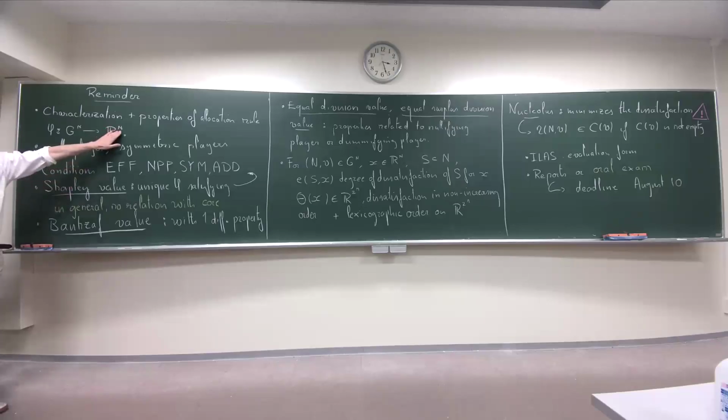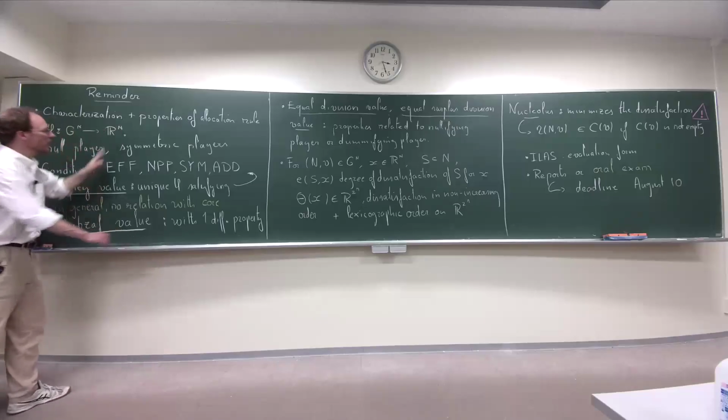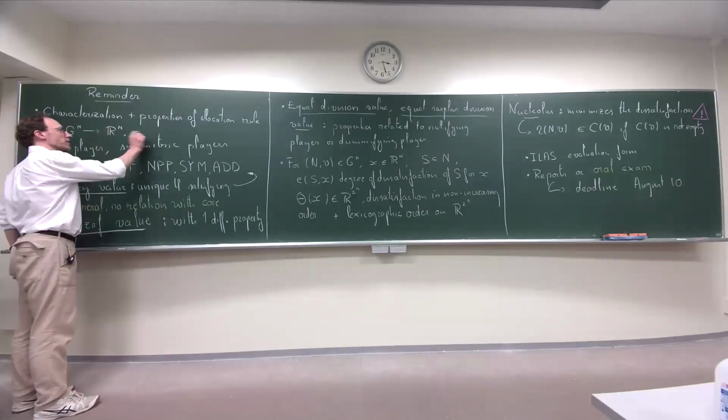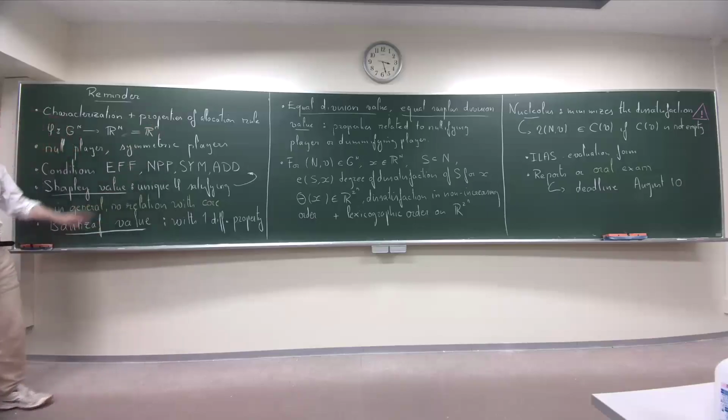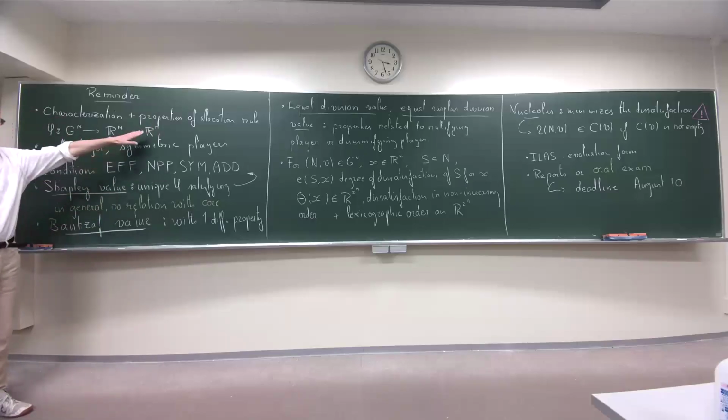That's why I keep R capital N, because it has a meaning, but of course this R capital N is the same as R power small n. But here the meaning is, yeah, the first coordinate corresponds to the first player, second coordinate, second player, and so on.